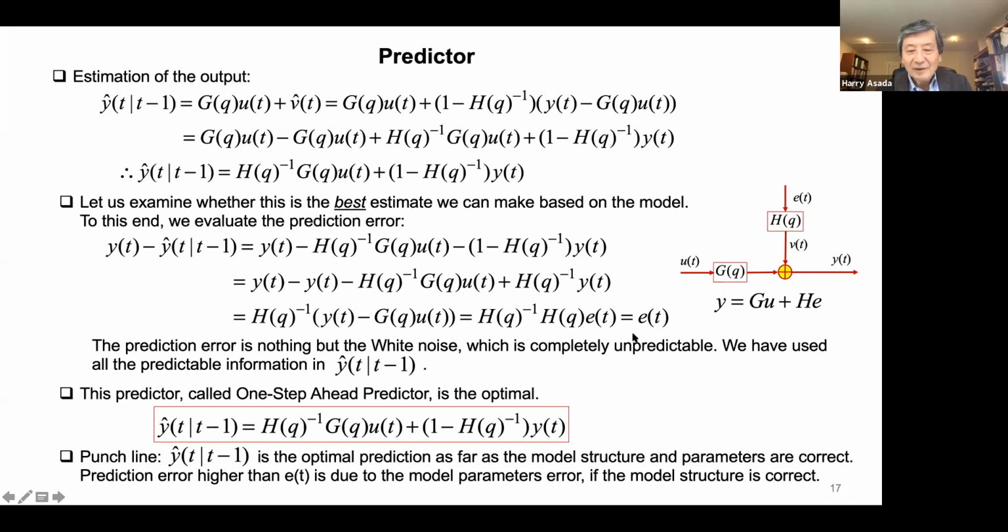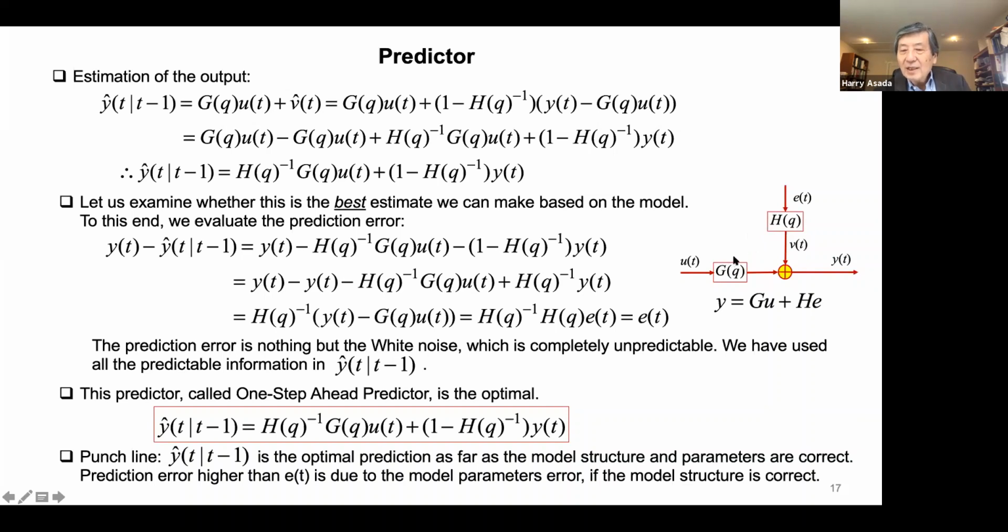What does this really mean? This indicates that y hat(t|t-1), our best predictor, is really the best it can do. Of course, we cannot go beyond e(t), but all the other things have been taken care of here. In other words, we have some noise dynamic process here, some structure involved, right?